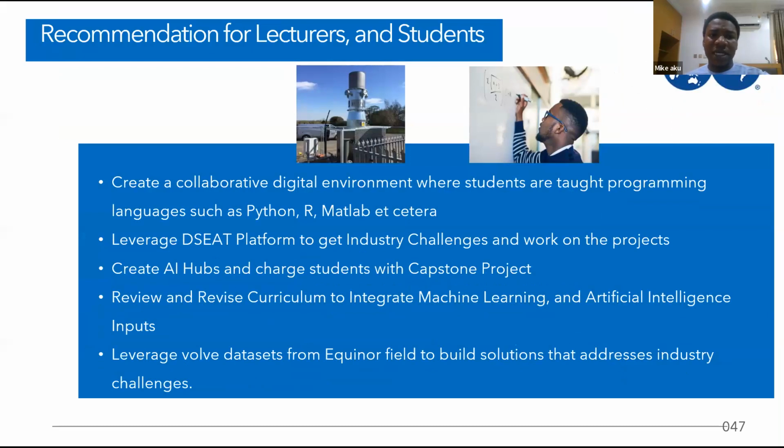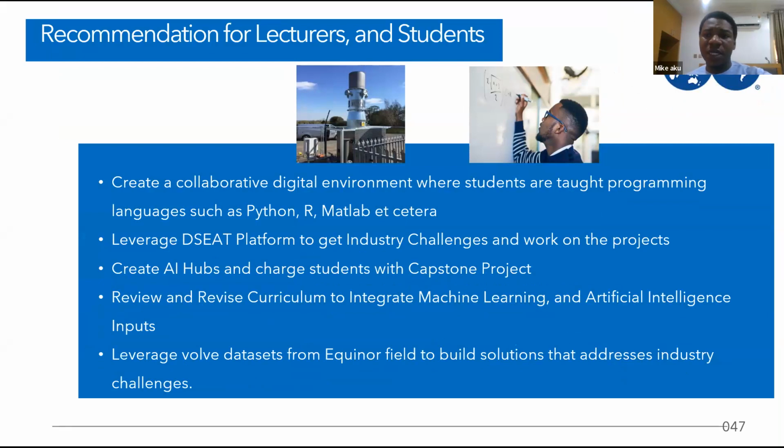The first one is to create a collaborative digital environment where students are taught certain programming languages. This needs to come up because students are fast on their fingers and fast in their thoughts, and they can dedicate their time to learn some of these programming languages.